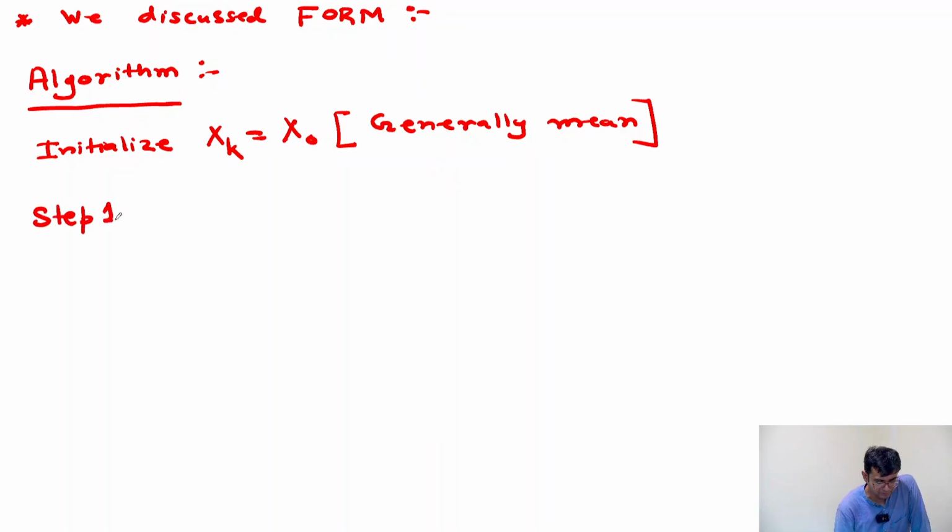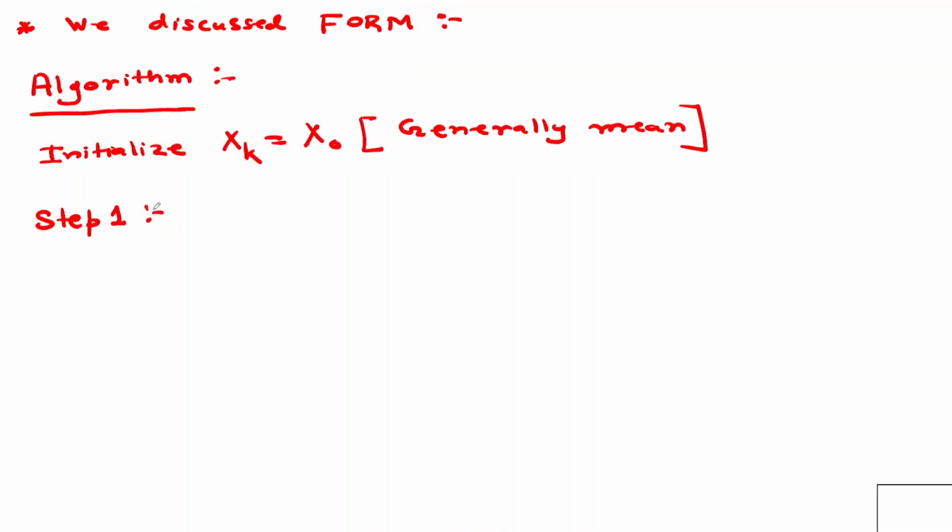Step 1. What was step 1? Correct. We will find zk, but for finding zk, we have to find the mu equivalent and the sigma equivalent.